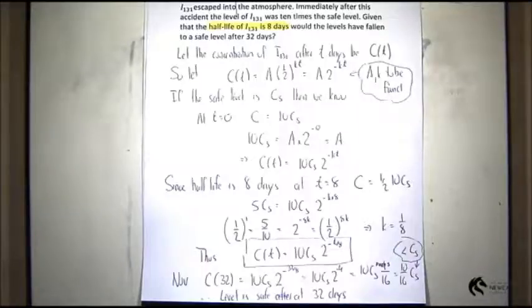I don't know why we chose an n, maybe because I put it up there. Then again, our model will be n of t equals A times a half to the kt, which we can write as A times 2 to the minus kt, where we have to find suitable values for A and k. A and k to be found.